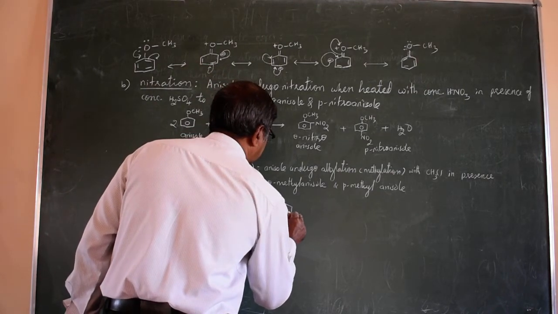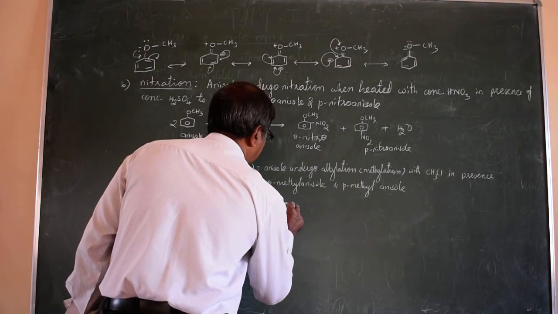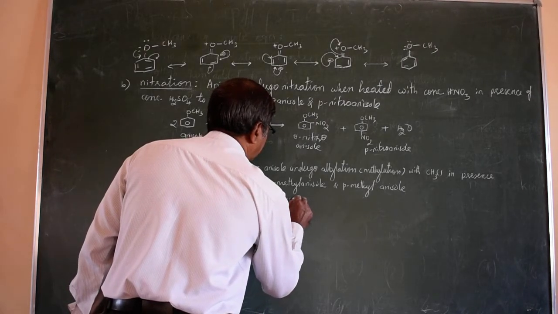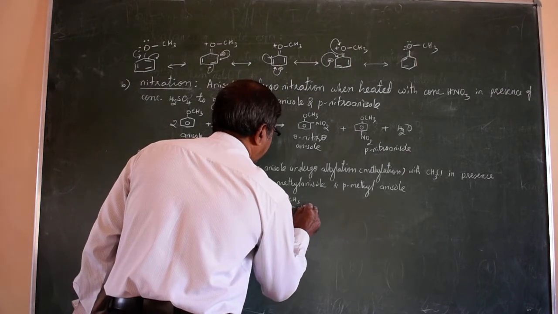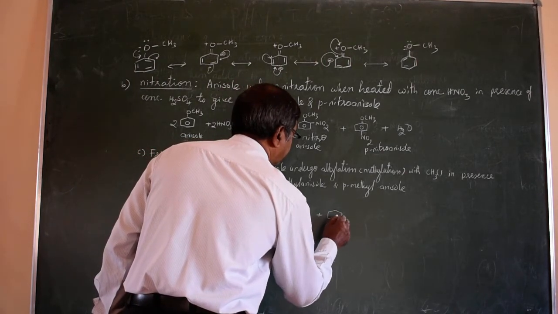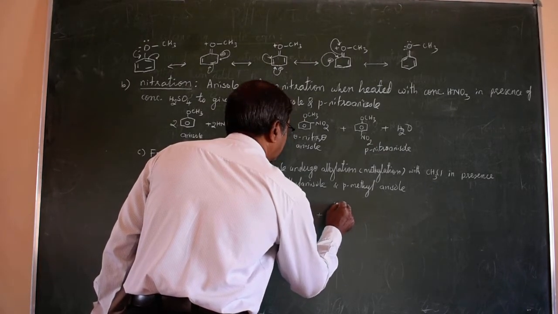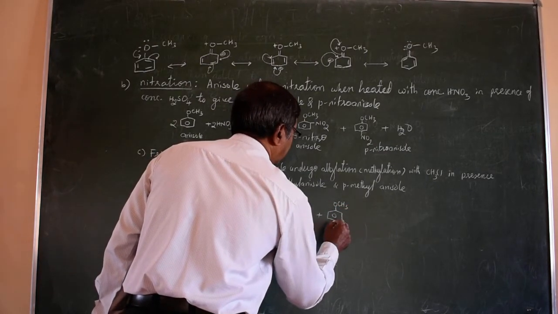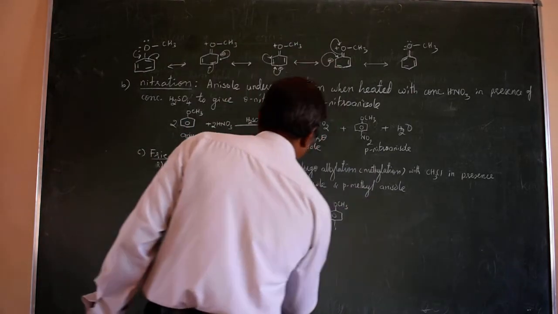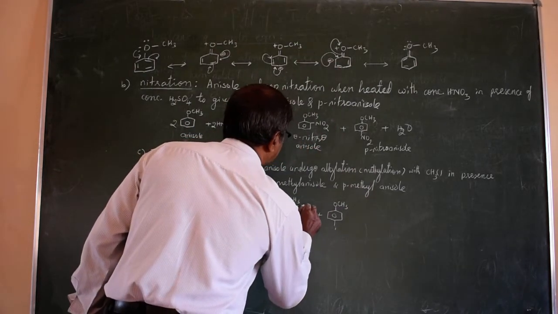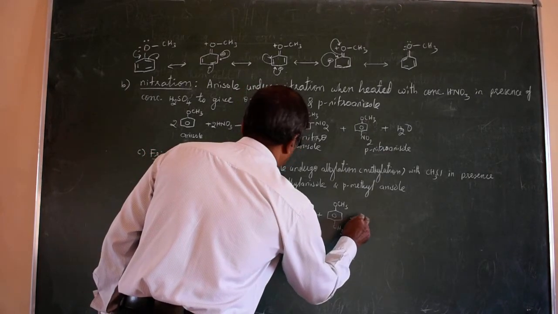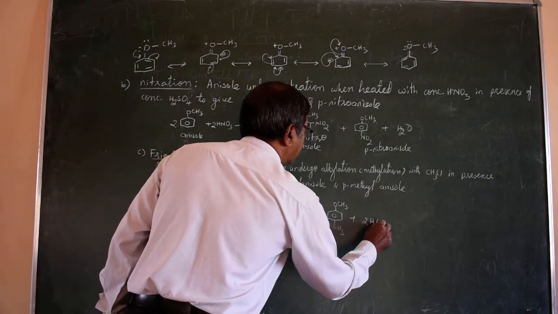The products are ortho-methyl anisole and para-methyl anisole, plus HCl.